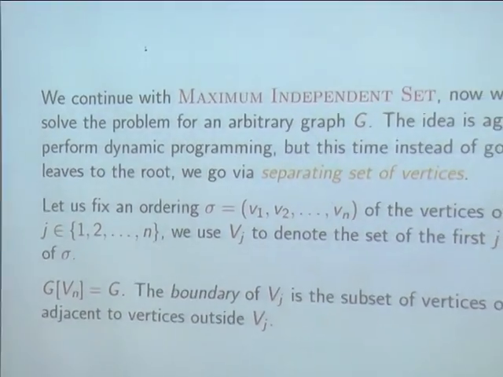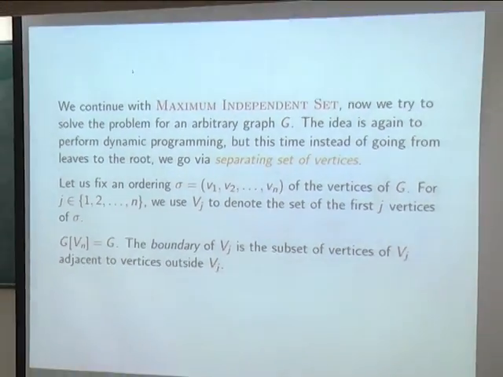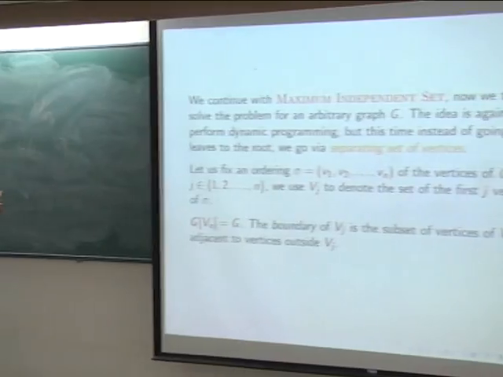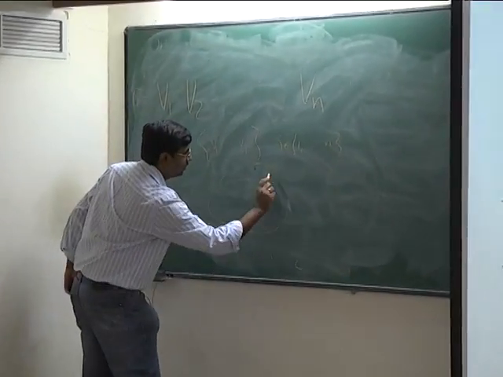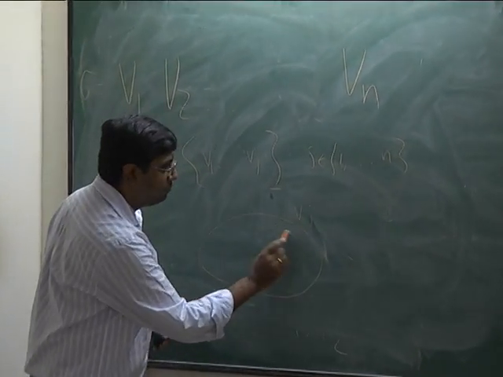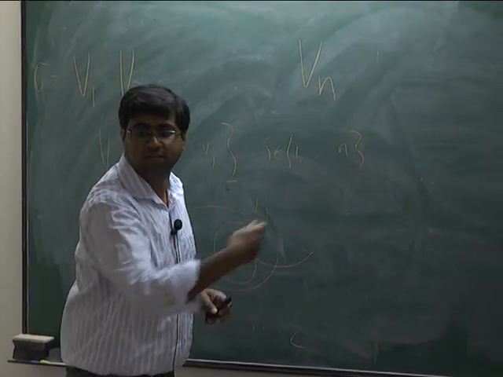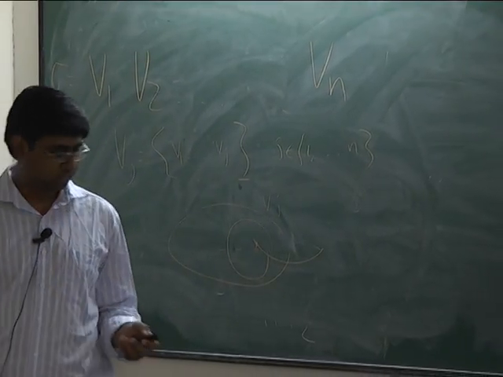Now let's define another thing, the boundary of V_j. The boundary of V_j is the subset of vertices of V_j adjacent to vertices outside V_j. So for example, this is my V_j, and the boundary is those vertices which have some neighbor outside V_j. We'll see an example in a minute.